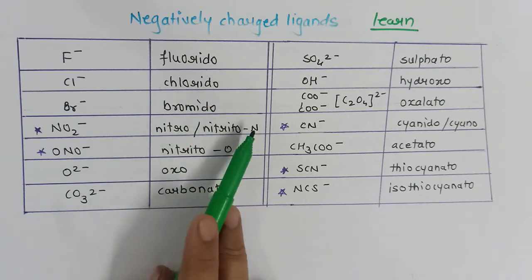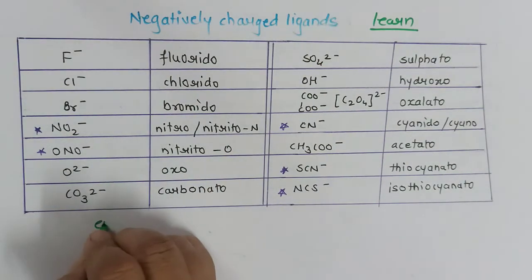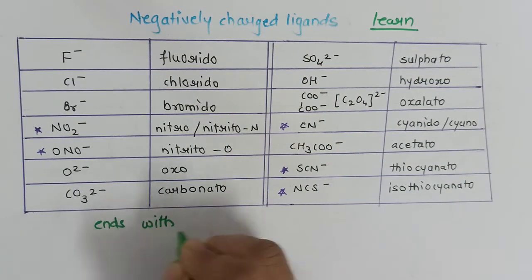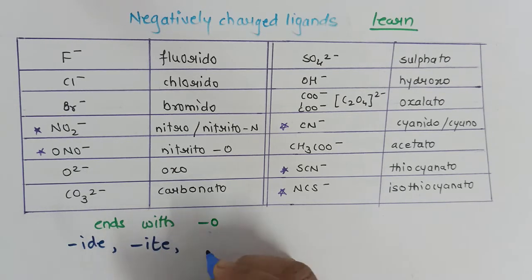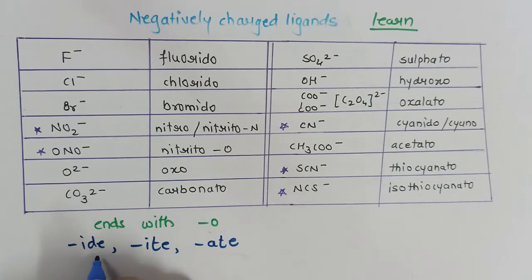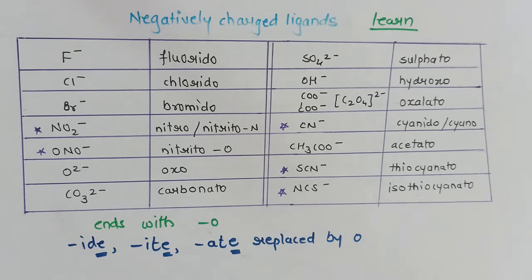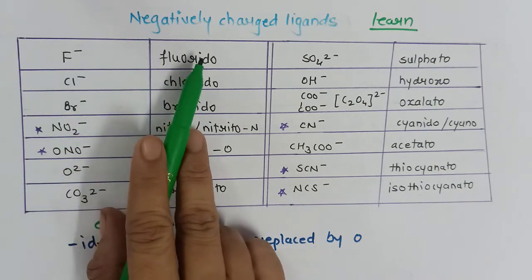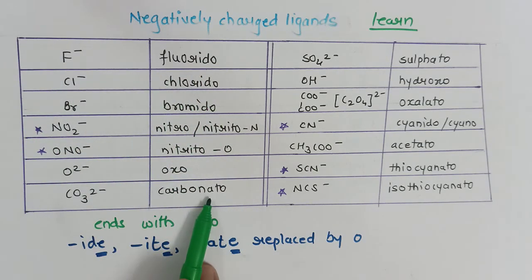Every name is ending with O. So all negatively charged ligands end with O. Or I will say, if the ligand's name ends with IDE, ITE, ATE, then the ending E will be replaced by O. Like fluoride becomes fluorido, chloride becomes chlorido, carbonate becomes carbonato, sulfate becomes sulfato, and so on.